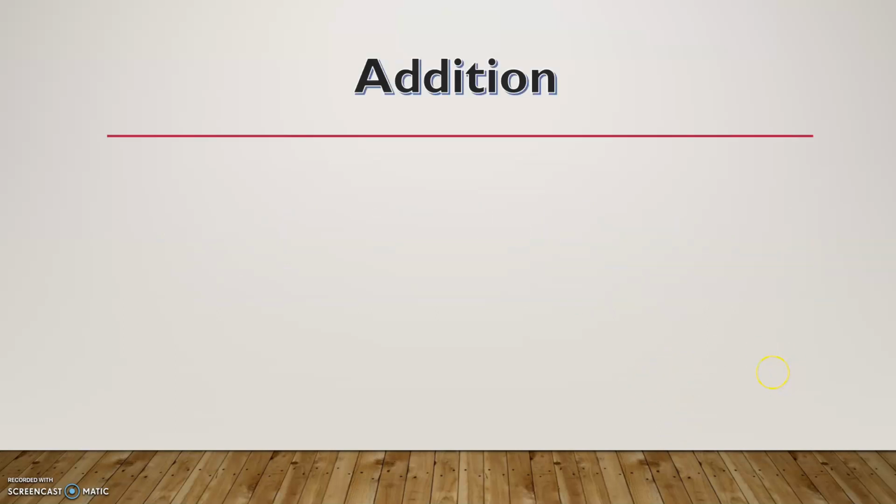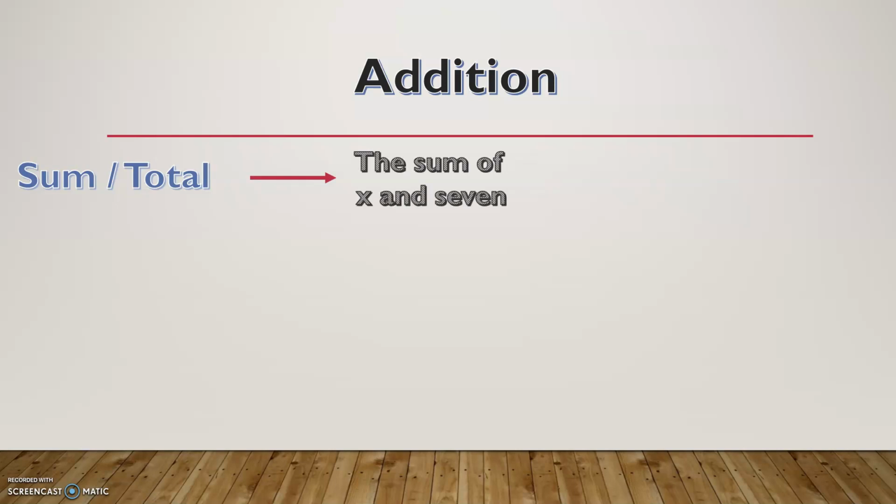First, in addition, we'll have the sum or total. For example, the sum of x and 7. If you're going to write this, or maybe the total of x and 7 also, that will be x plus 7.